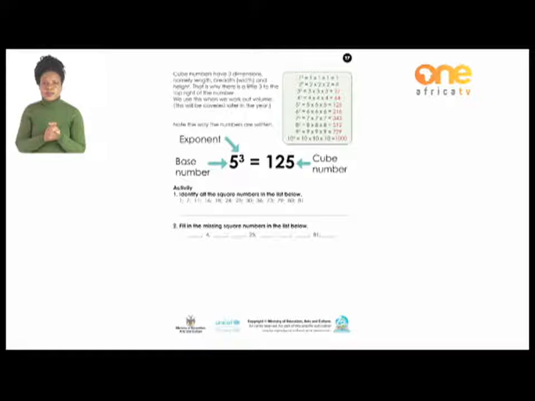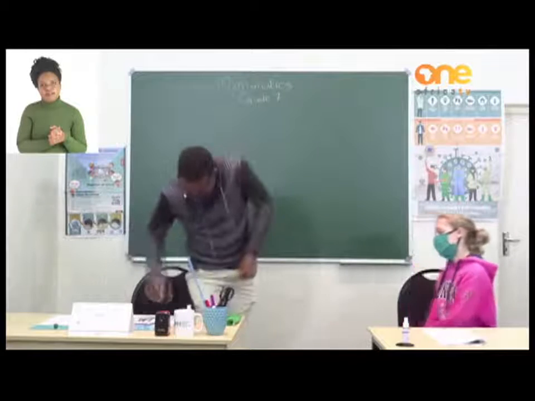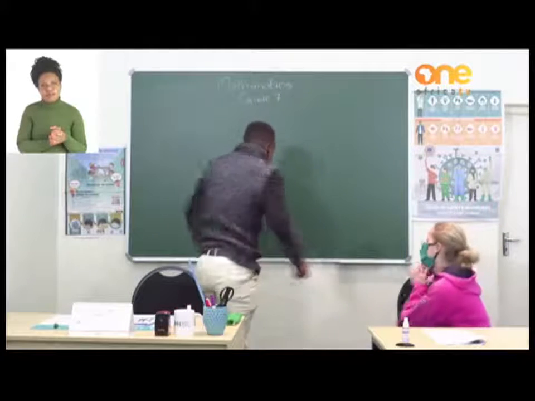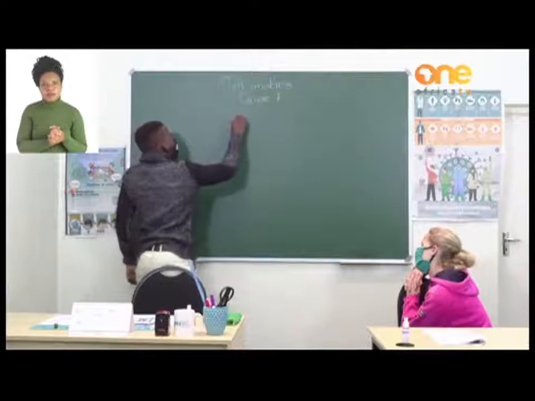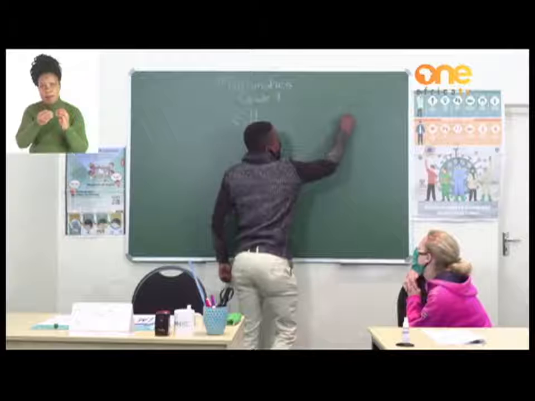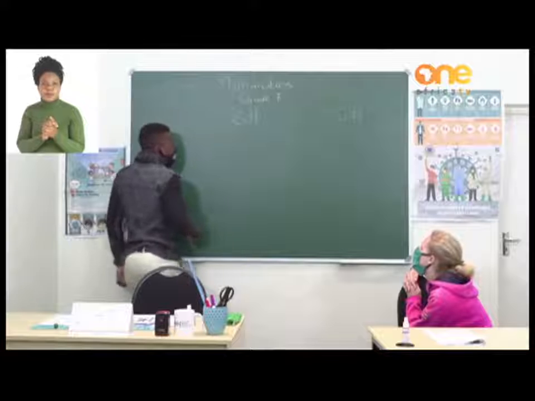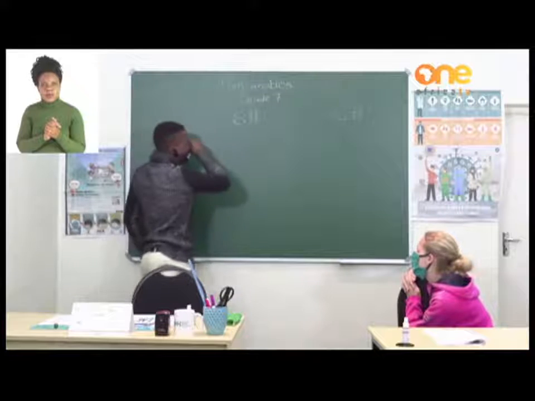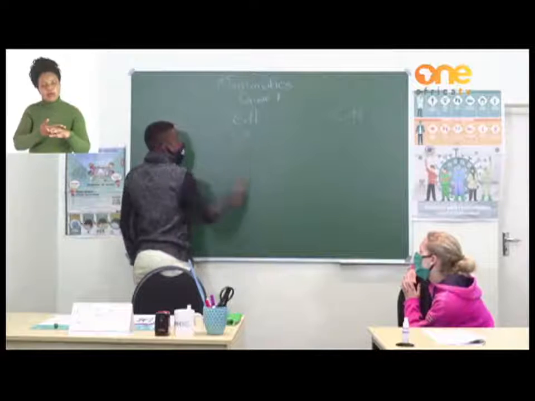So with that, allow me to go to the chalkboard so that I can explain this in much detail. So we have learned about the square numbers and the cube numbers, and some of the properties that we need to learn here is we can have, for example, 2 squared.